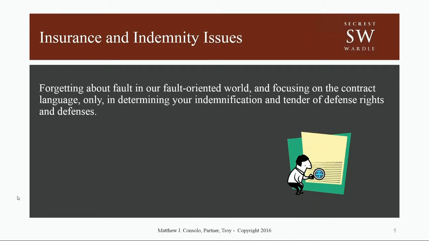If that language is clear and unambiguous, your insured will either be picking up the tab or will be having its tab picked up. Again, it's always important to make sure these determinations are done early in the process to help the game planning and litigation strategy.